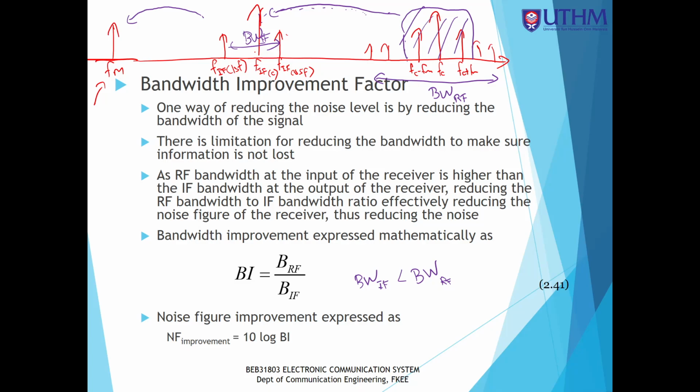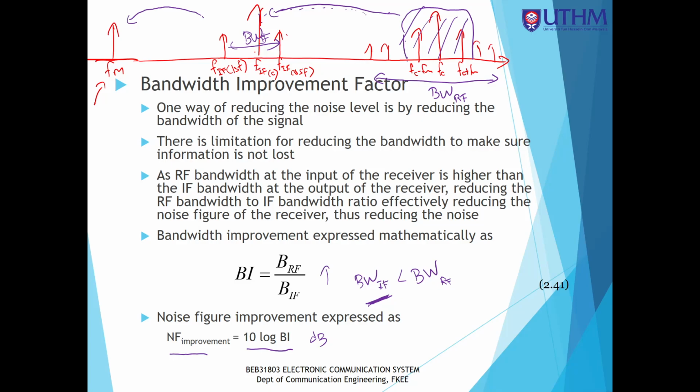That means the smaller the bandwidth of IF, the better. Lagi kecil nilai bandwidth IF, lagi bagus. That means the improvement is going to increase. If the IF bandwidth is lower, we increase the bandwidth improvement, which is very good. This bandwidth improvement can be expressed in decibels, which becomes what we call the NF improvement. So 10 log of the bandwidth improvement gives you the value in decibels.